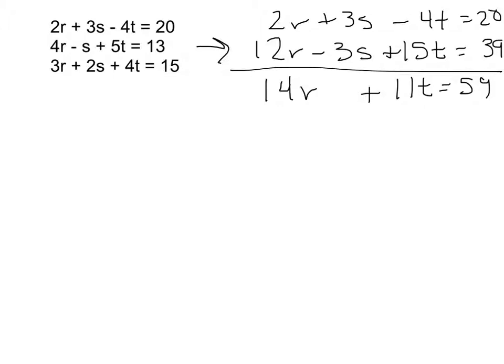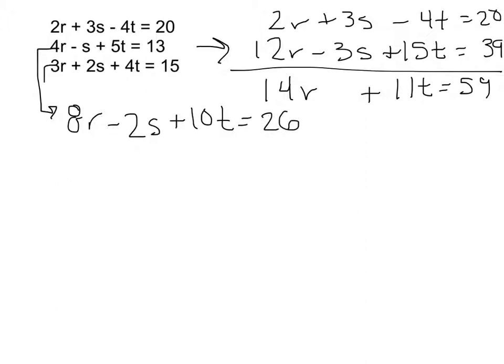Now I'm going to multiply my original second equation again, by 2 this time, to eliminate the s's in the second and third equation. So we have 8r minus 2s plus 10t equals 26.